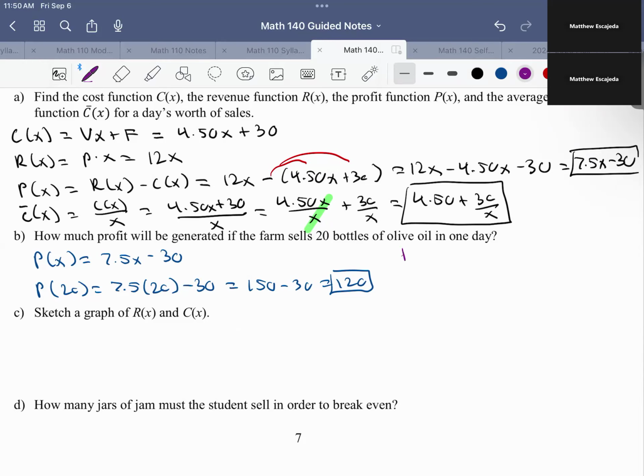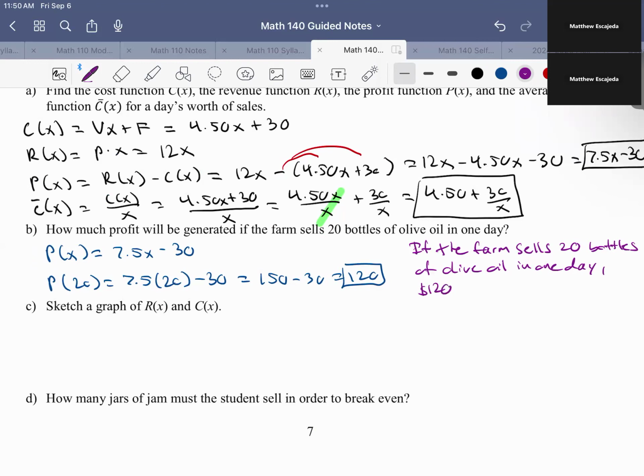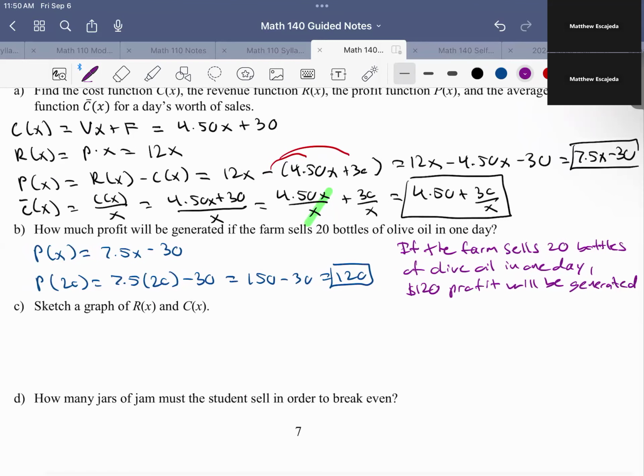So what I'll say here is if the farm sells 20 bottles of olive oil in one day, $120 of profit will be generated. Okay, so that's what that statement means.